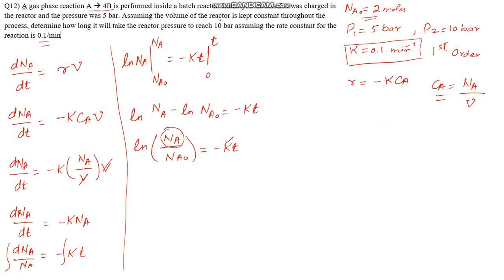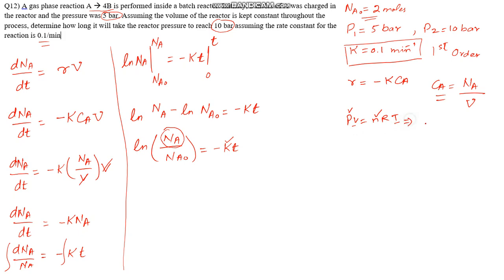As we know, the values of initial pressure and final pressure are given, and from the ideal gas equation, we know that PV is equal to nRT. In the question only pressure is changing and along with it the number of moles will change, so we can assume that volume and temperature are constant.